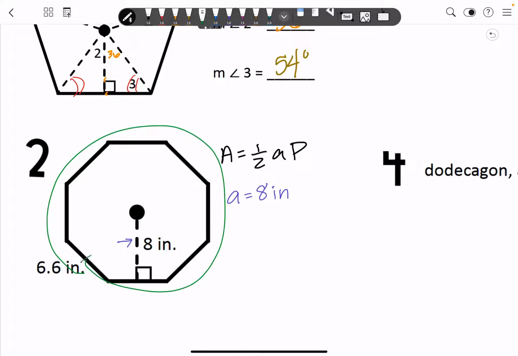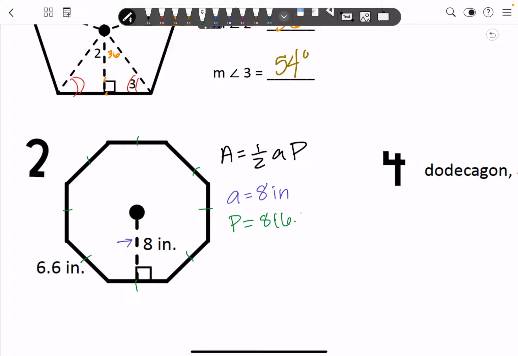But each of these have the same exact measurements on this octagon, which means to find the perimeter, I can just do 8 times 6.6, or the N times S. When you plug that in, you should get about 52.8 inches.